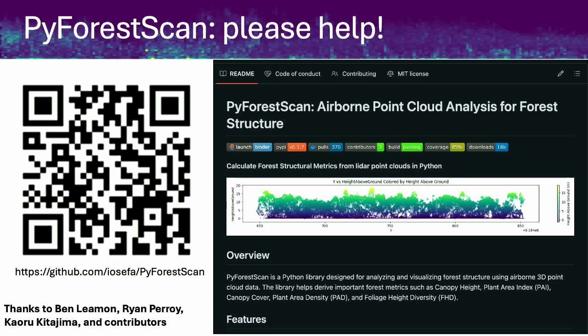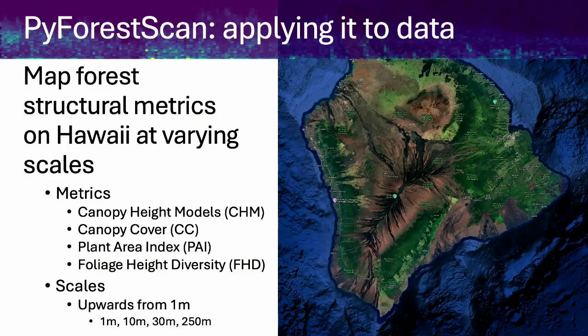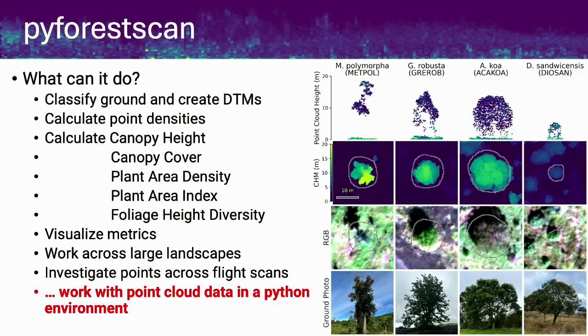Question: Are you able to recognize every single tree and make a boundary around the tree? I saw a picture that looks something like that. Answer: Segmentation in the point cloud is not something that exists in PyForestScan yet.